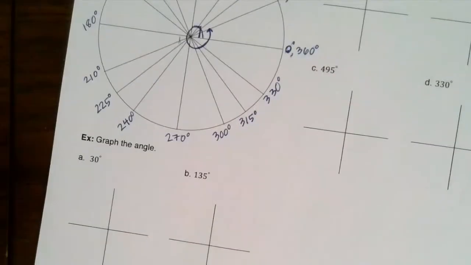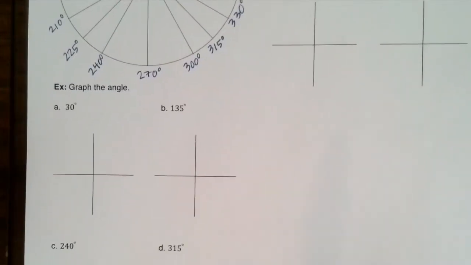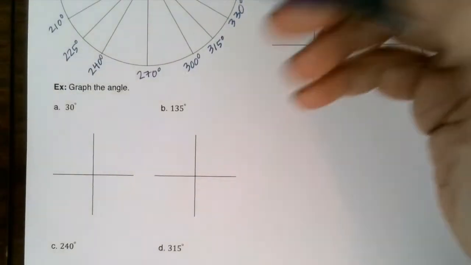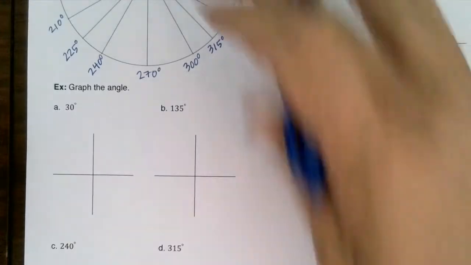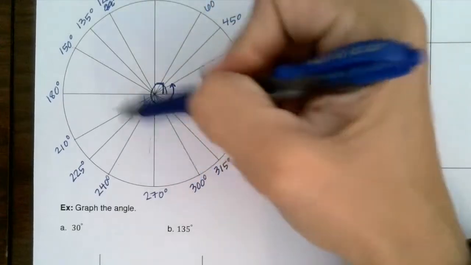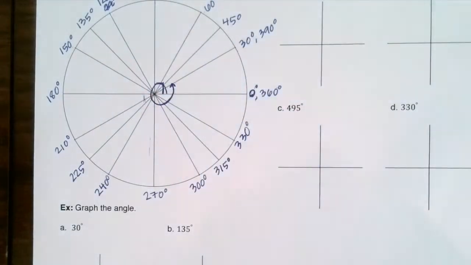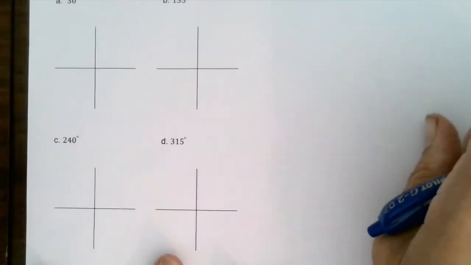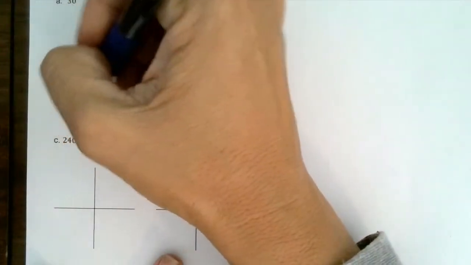Okay, so our task today is to just go ahead and graph the angles. You can see this isn't a circle, but that's because those are just too tedious to draw when we're trying to do some quick math here. But you can see the y-axis and the x-axis there, and we can use that to our advantage. All of these are 90-degree angles.